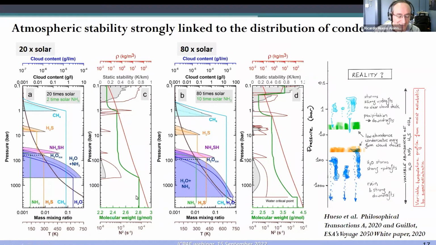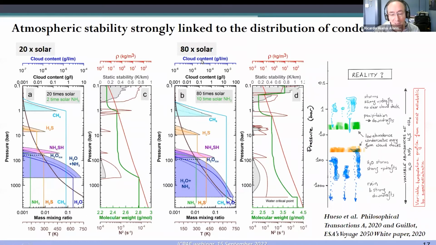And you see that the density of the atmosphere is very different, not only because you are deeper in the atmosphere and have higher temperature, it is different especially because here you have lots and lots of water, and you have a different molecular weight, and this provides a completely different characteristic of the static stability of the atmosphere. And so here, this is the Brunt-Väisälä frequency in this axis here, with high jumps in static stability whenever you are close to the condensation base of each of these clouds.